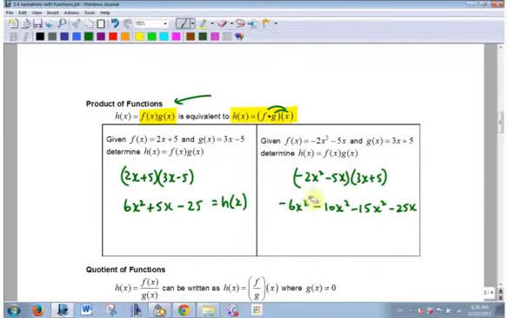Yes, thank you. I was just looking at that. So I had lots of x squareds there. So descending powers of x: minus 6x cubed minus 25x squared minus 25x.